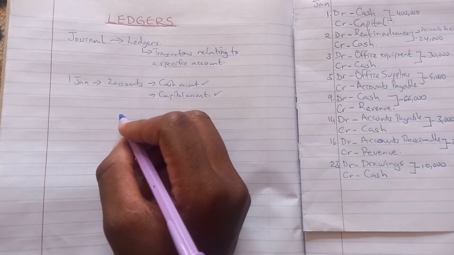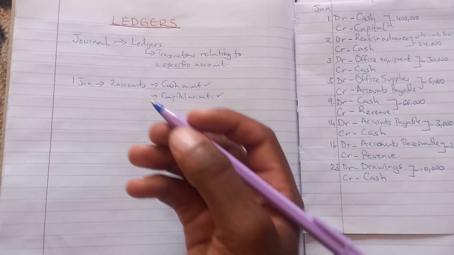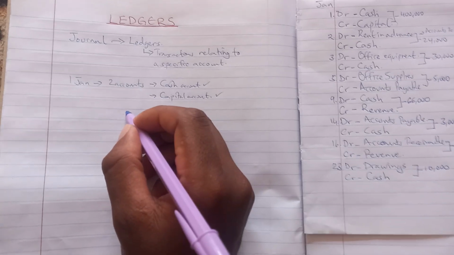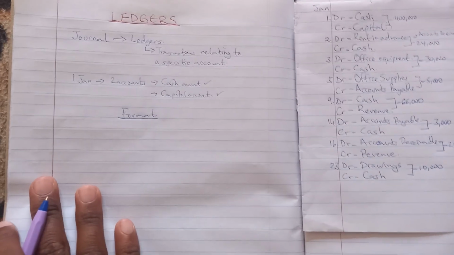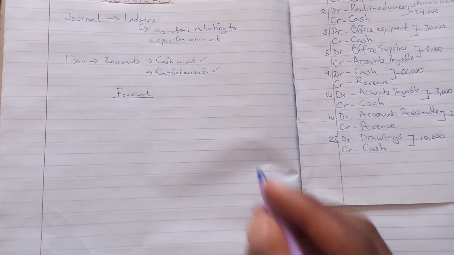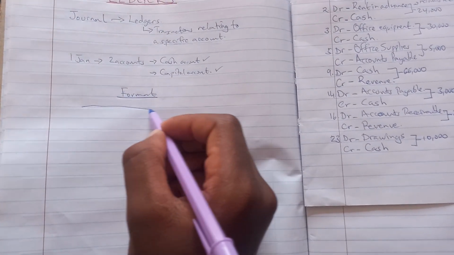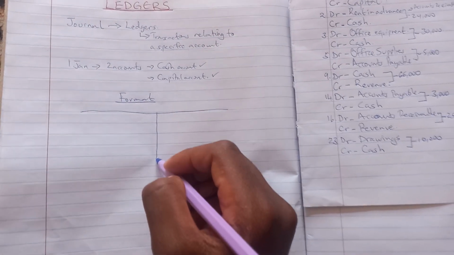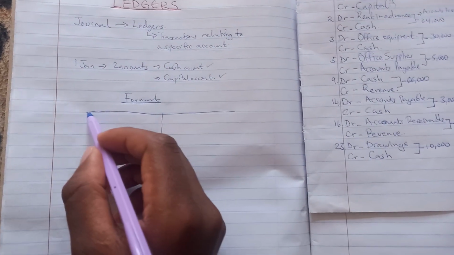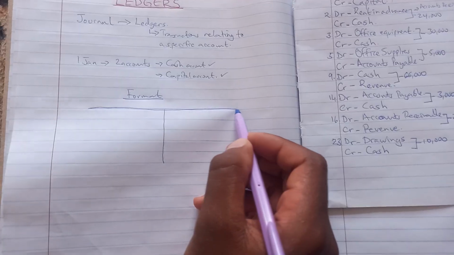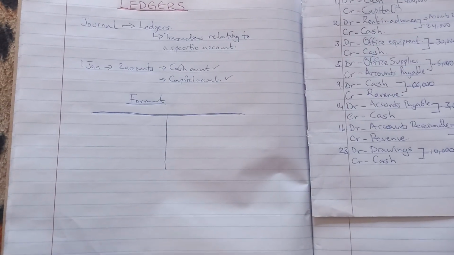So before we tackle the question, I would like to emphasize on the format. So how do you draw a ledger account? It is commonly referred to as a T account. The moment you're drawing a T account, someone will know that you're drawing a ledger.